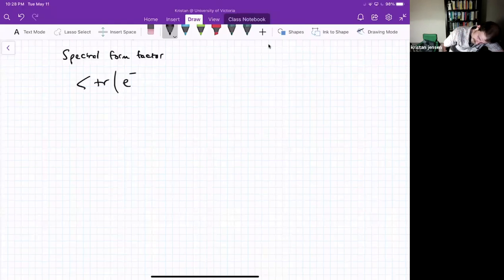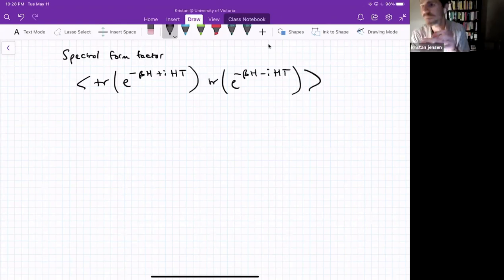Consider trace e to the minus beta h plus i h t, trace e to the minus beta h minus i h t. If we just had beta, this would be the thermal partition function. And if we just had big T, this would be the time evolution operator, say for a CFT on a sphere, some complicated quantum mechanical system.